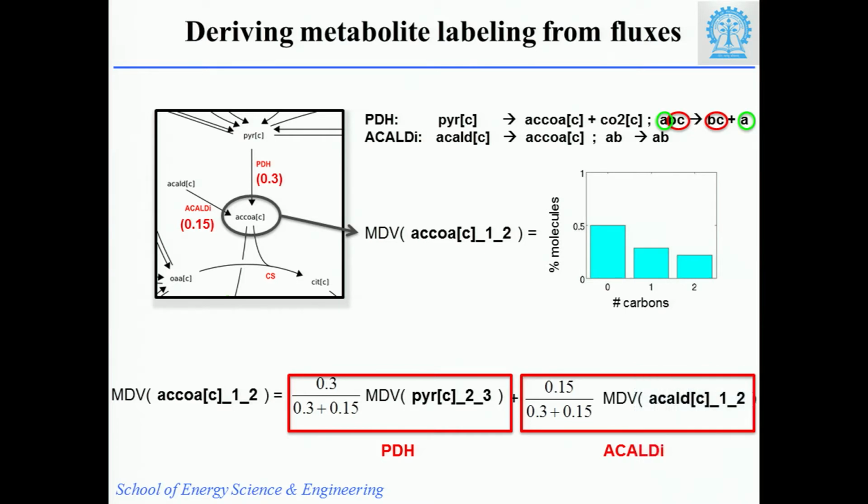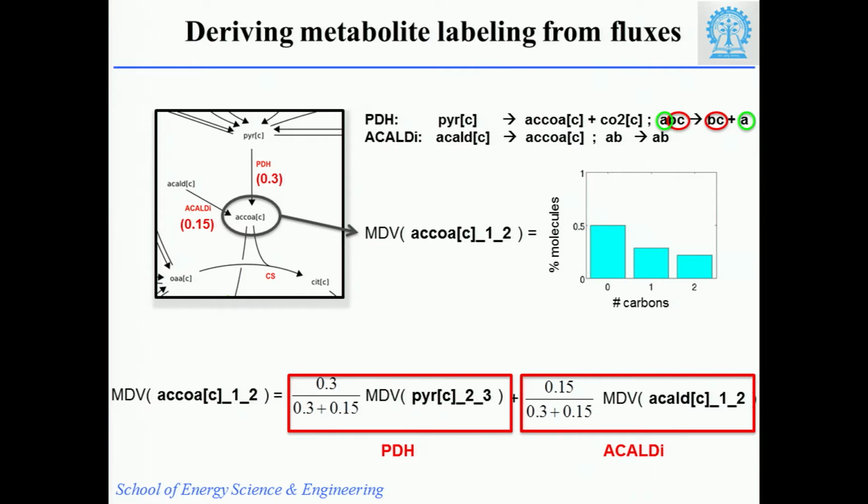Then you calculate the MDV for acetyl coenzyme A and normalize using the fluxes: 0.3, which is coming from pyruvate to acetyl coenzyme A in the PDH reaction, and for the other reaction the flux is 0.15. You normalize by the total flux. This is the technique where you get the mass distribution vector for each and every metabolite inside the cell, given the flux distribution.